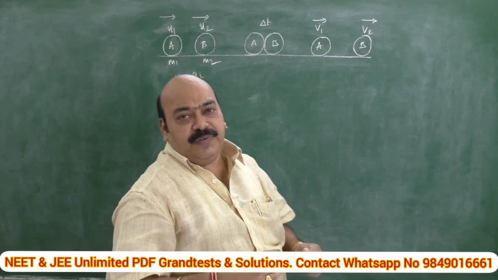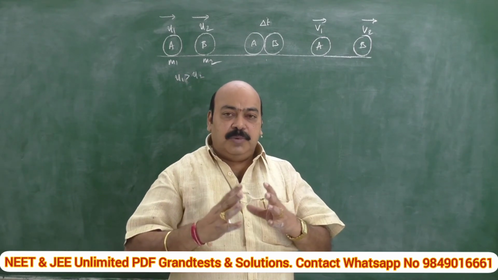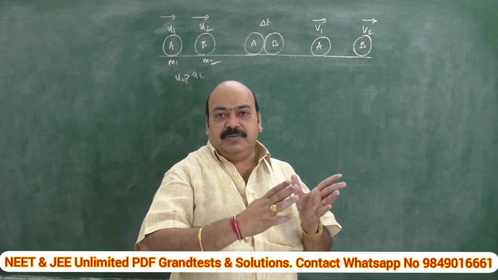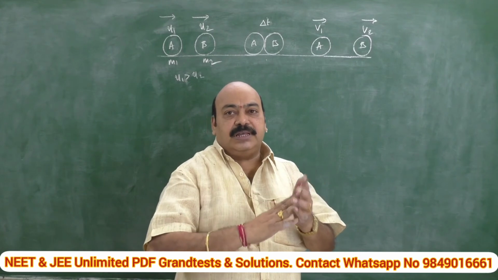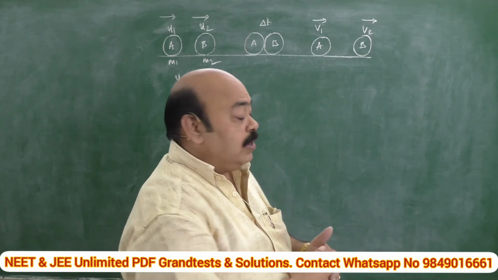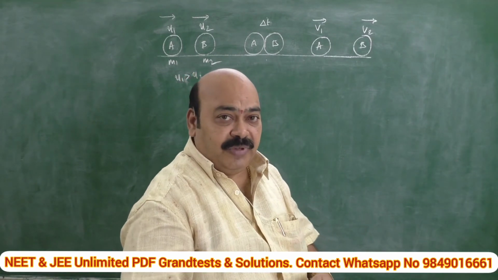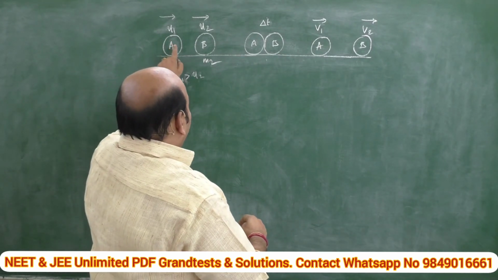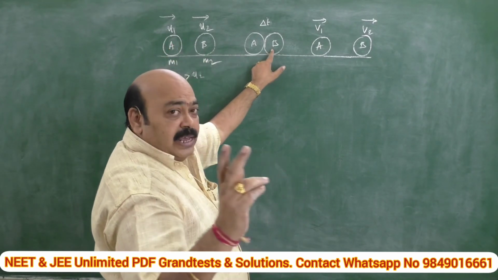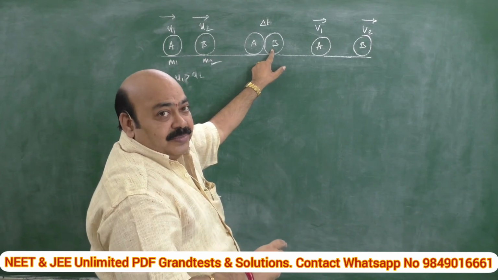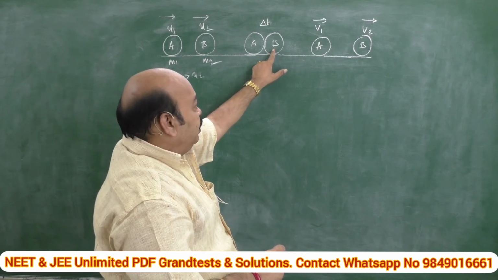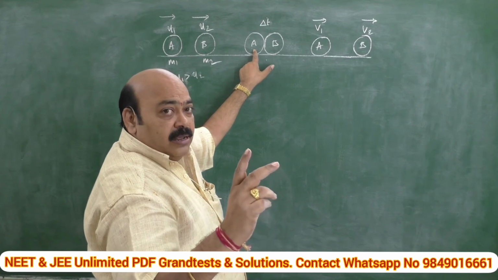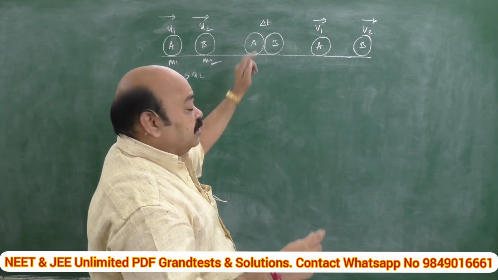Now I am going to find the change in momentum before and after impact. If we prove this, the law of linear momentum is said to be verified. Now for this, the force acting by A on B is taken as action. The force acted by B on A is called reaction. Let us consider these two.